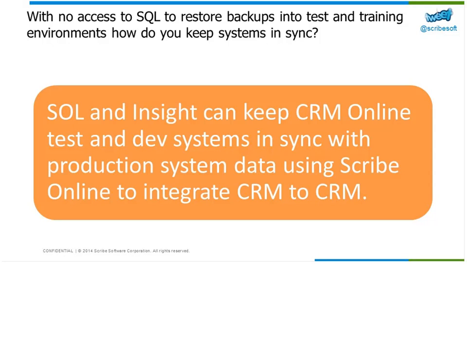I can take a CRM that is my production environment and point the integration to a copy of that system, and it will keep moving the data from production into my test environment on an ongoing basis. So my test environments or my online environments are kept synchronized with one another. This becomes a way to do that.